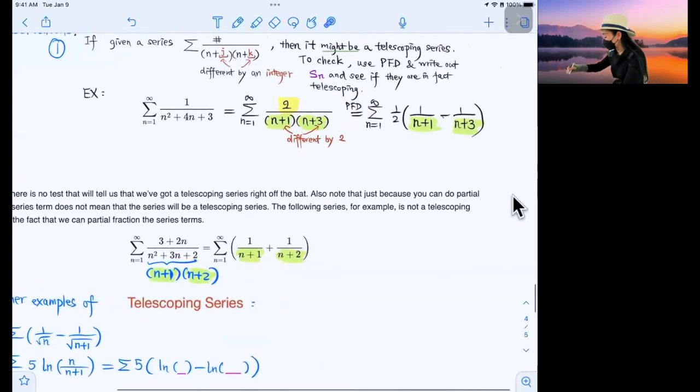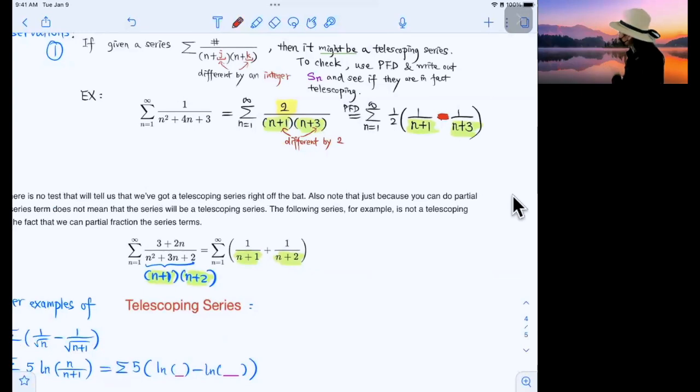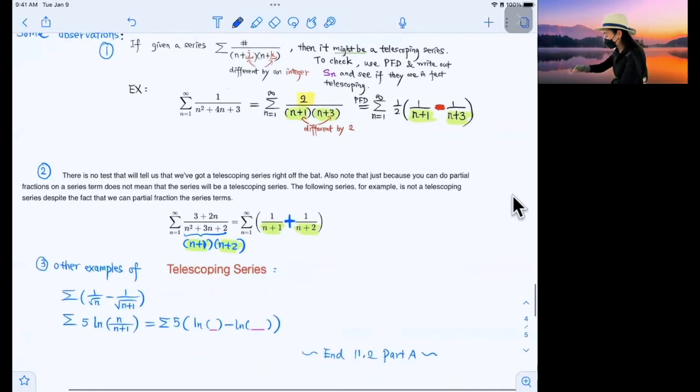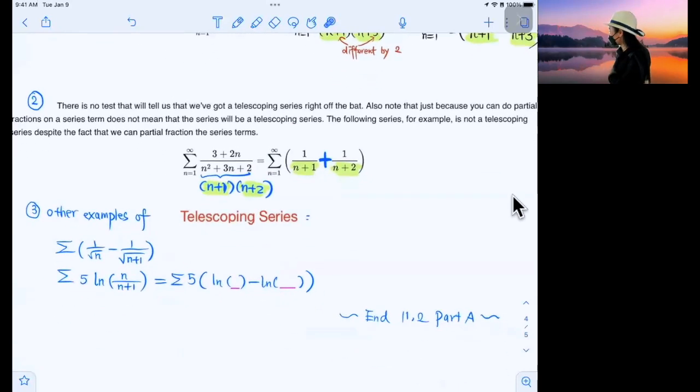It's not going to cancel in between because you see that in order to cancel, this one here has to be what? Subtraction, right? Okay, so you have to have a subtraction in between, so then later when you add, they can cancel out. But what do you have over here? This is a plus sign. Definitely it's not going to cancel, okay? So this one here, even though you can decompose it using partial fractions, there's no canceling happening because of the plus sign right here, okay?